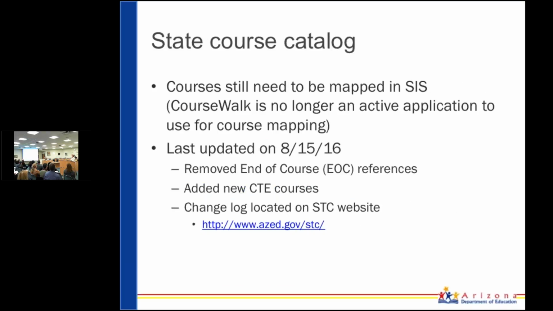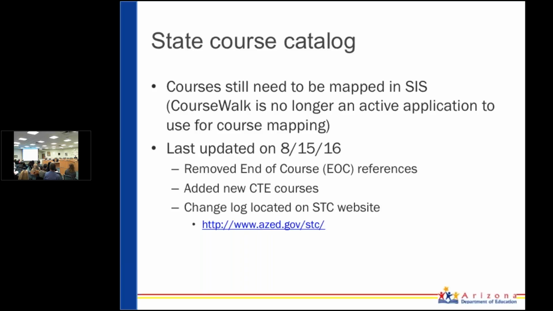State course catalog. Courses still need to be mapped in your student information system. I just wanted you to know I don't think anyone uses CourseWalk anymore. I know I had a couple big districts that were using it, but we no longer, CourseWalk was an outside vendor, and they were the same vendor that we used for SRM. And so we've shut down CourseWalk to be able to make a connection for you.